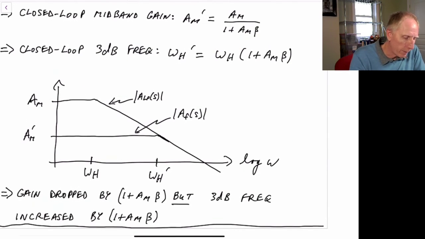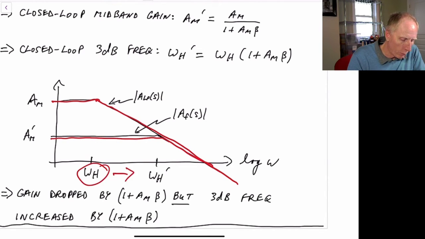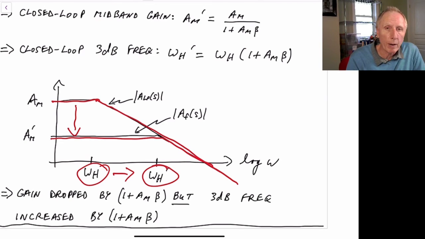So in other words, if our open loop amplifier looks something like that, then once we put it in feedback, the closed loop one will look something like this, where omega H has been moved to a higher frequency, multiplied by 1 plus A_m times beta, and the DC gain has lowered from A_m to A_m prime, which is divided by 1 plus A_m times beta.